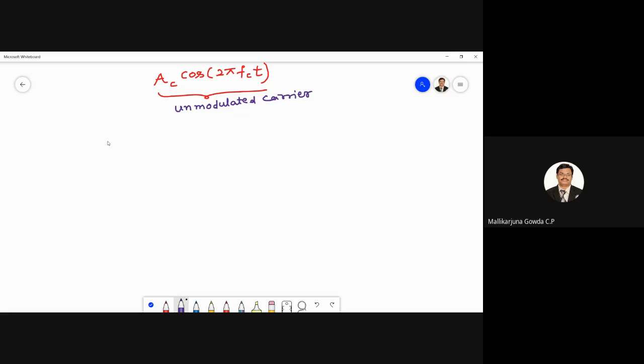I can write that as theta i of t, which is equal to 2 pi fc t plus kp m of t.